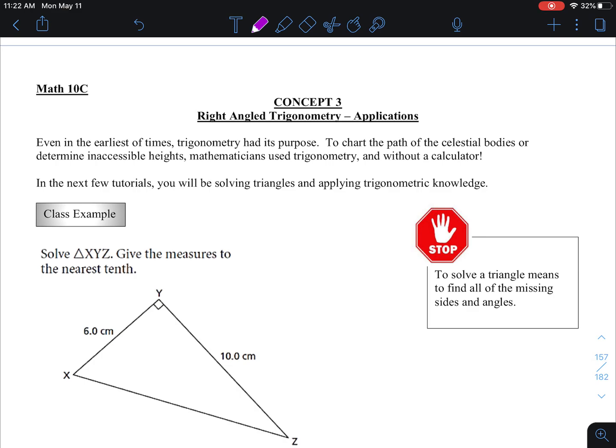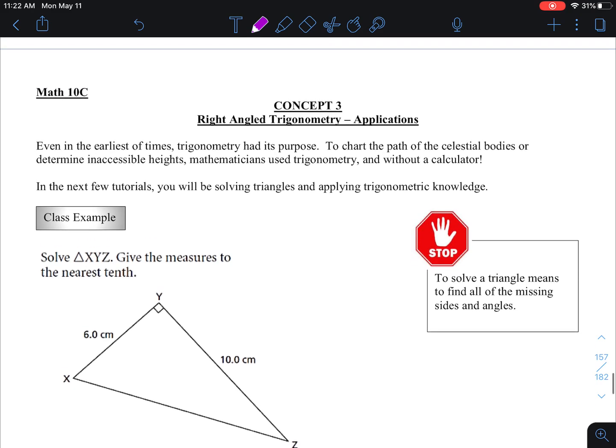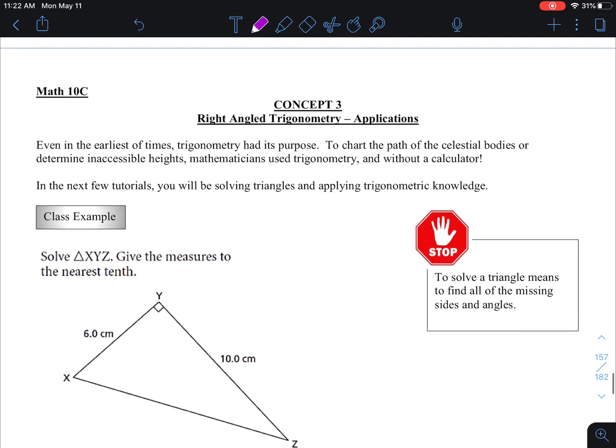You know how to determine which trig ratio you need to use to solve for your unknown part of the triangle, and then you obviously know how to solve for side lengths in your right angle triangle, and you know how to solve for angles now as well, right? So now we're going to be using all those skills collectively to solve different application or word problems, right? So here we go.